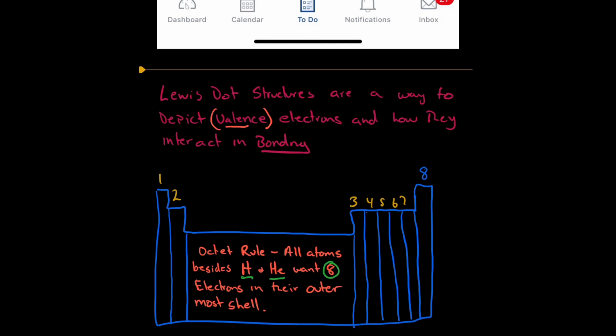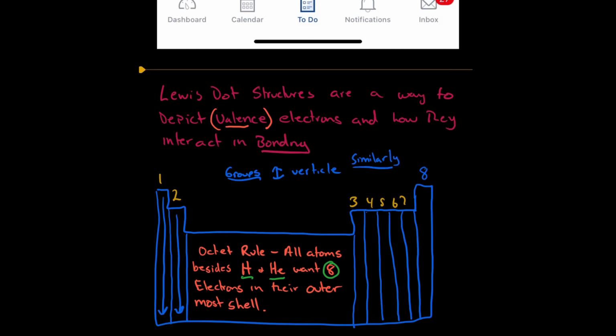You can discover the number of valence electrons by looking at the groups on the periodic table. Groups are the vertical columns, the up and down columns. The whole column has the same number of valence electrons, which means they have similar characteristics and react similarly.